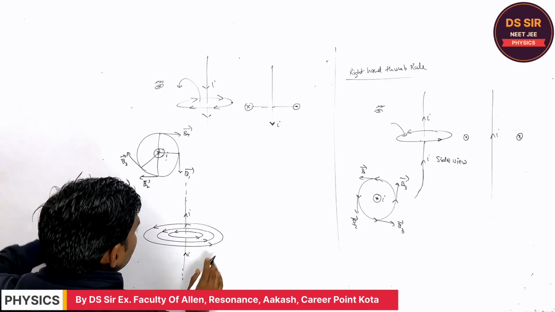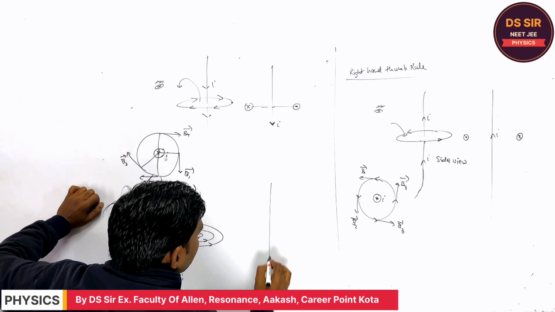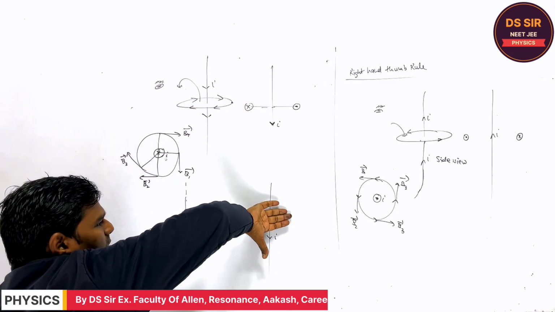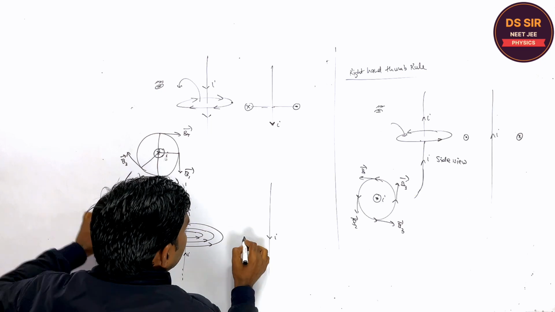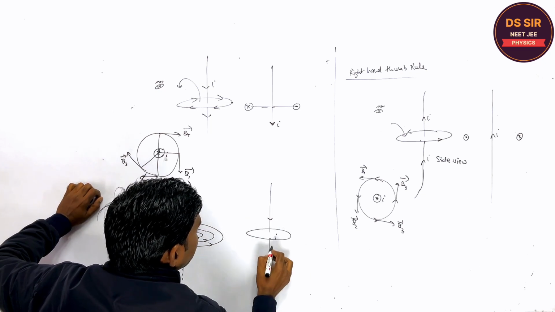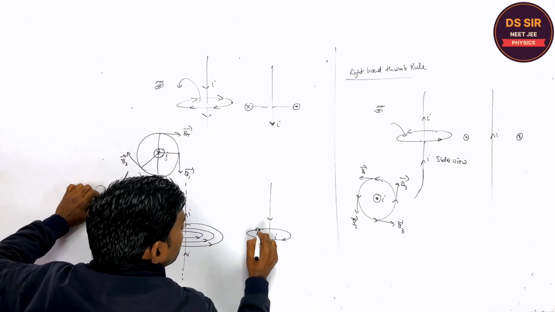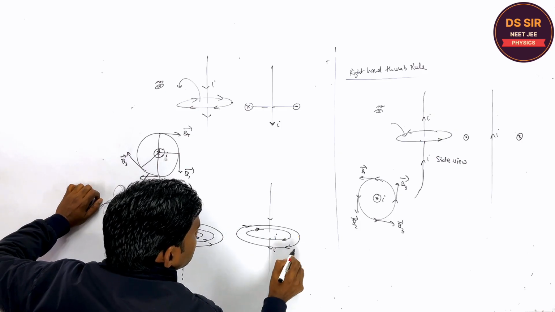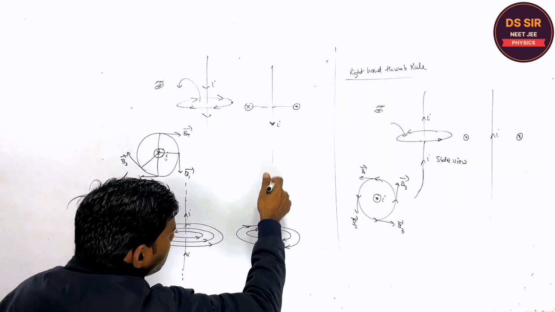These are the magnetic field loops, and if the current is coming into the board, downward, here the magnetic field is out and here it is into the board. So the current is like this. Are you getting? The magnetic field direction is like this. Is it clear or not, you tell? This is the downward direction.